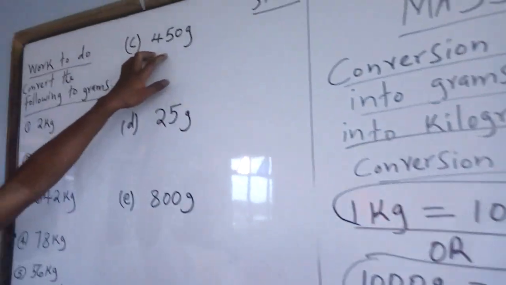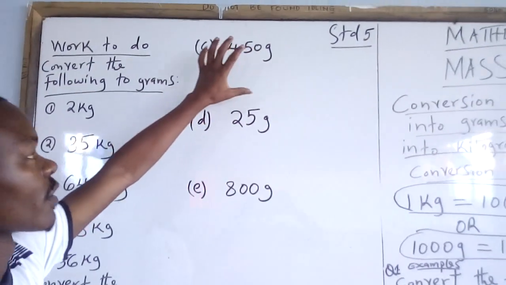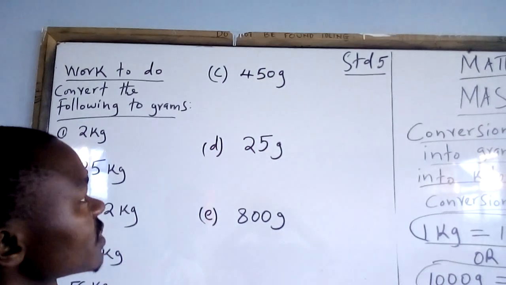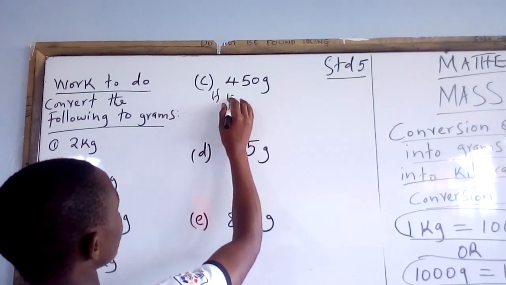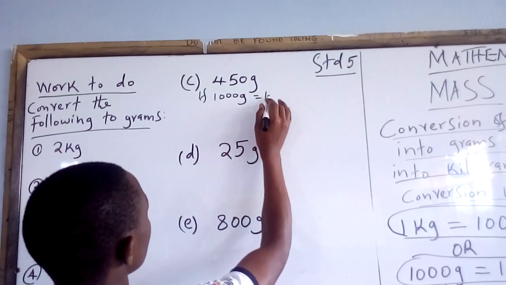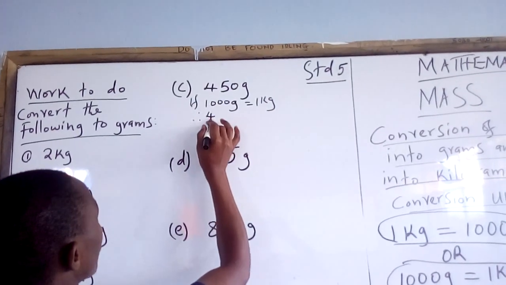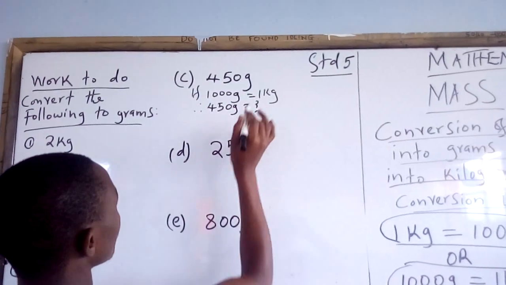Let us look at this other one. We have 450 grams. We convert this 450 grams into kilograms by first of all saying if 1000 grams is equal to 1 kilogram, what about 450 grams will be what?